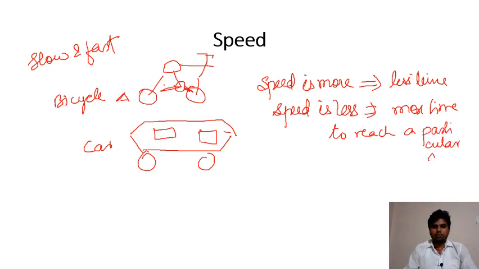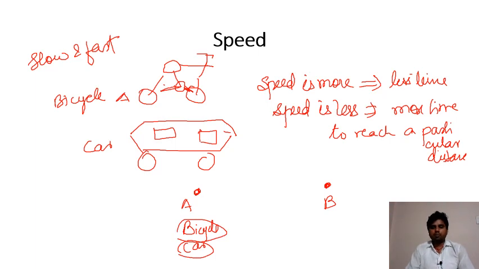Okay, so student, now you have to tell me, let's suppose this is point A and this is point B. Now the bicycle will start traveling and the car will also travel from A to B. Now you have to tell me which will reach faster and why.